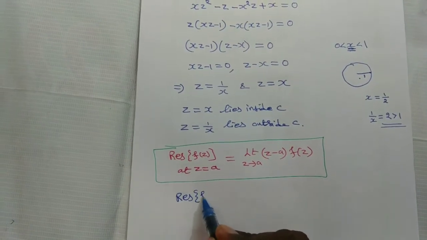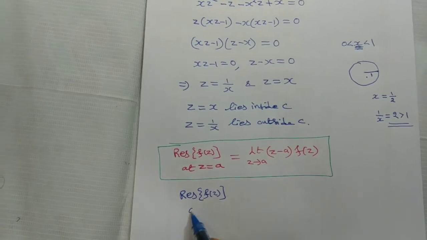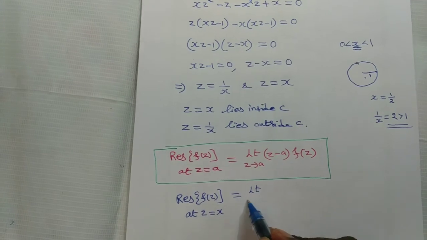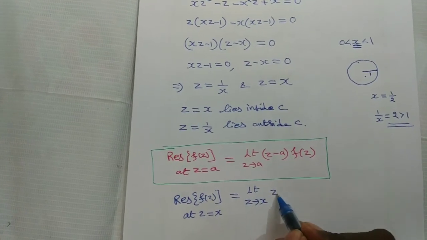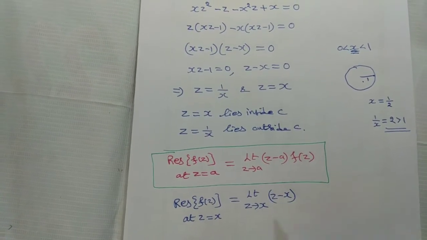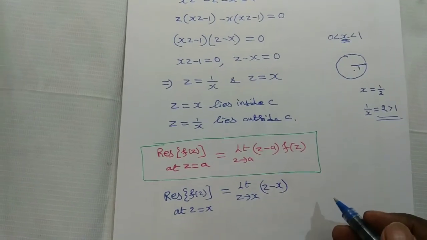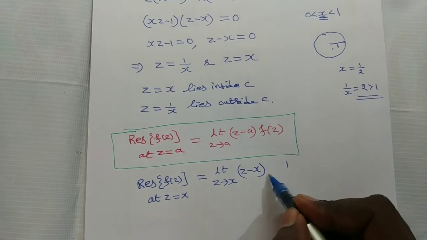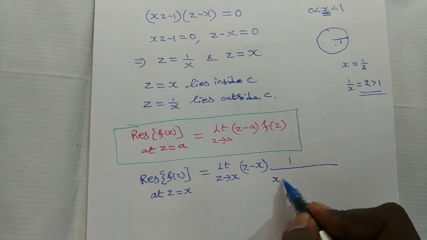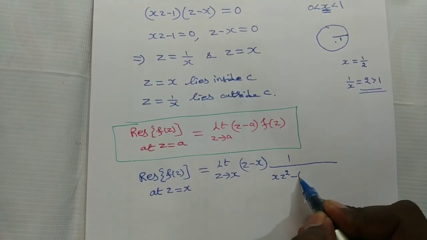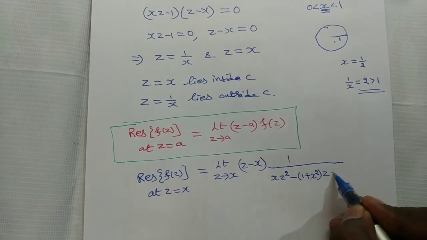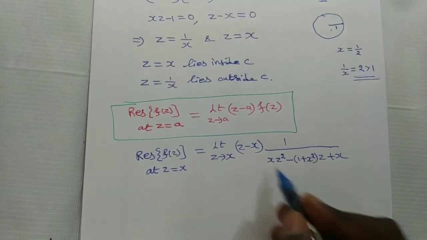So the residue is the limit as z tends to x of (z − x) f(z), where f(z) = 1/(xz² − (1 + x²)z + x).